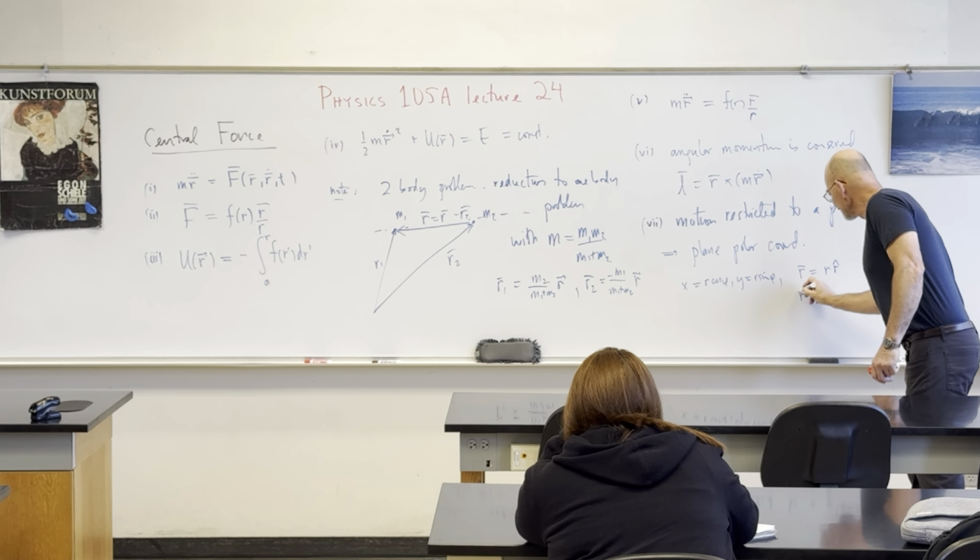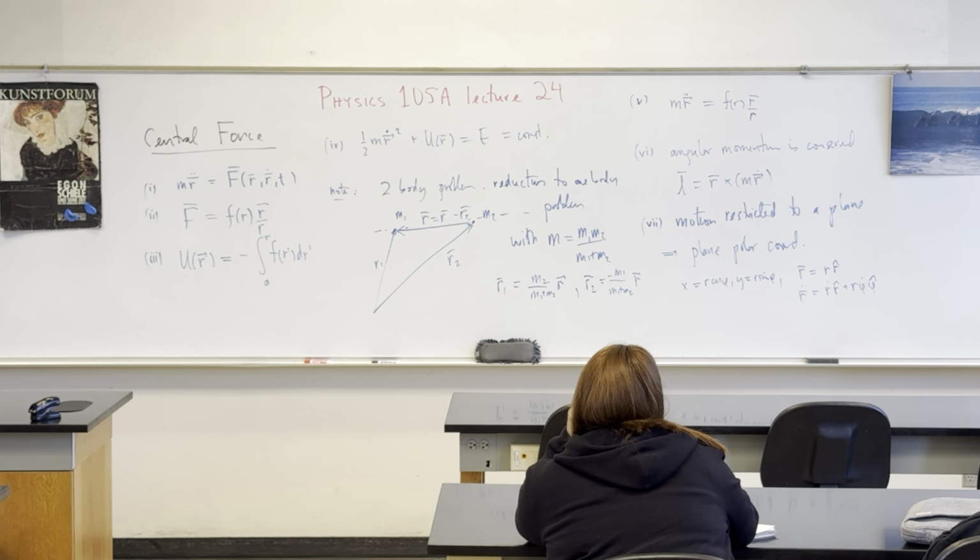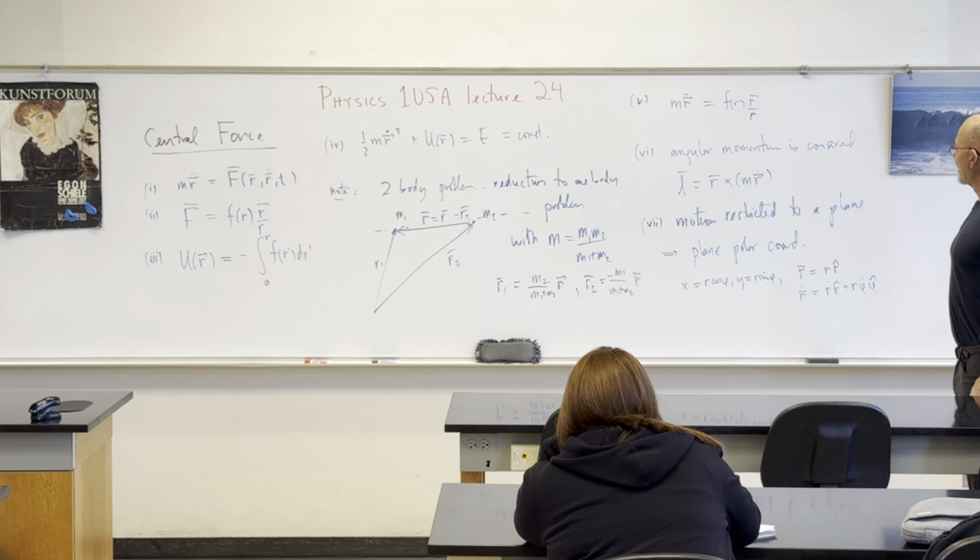R dot can be r dot r hat plus r phi dot phi hat. And that was actually enough to evaluate this thing in plane polar coordinates as well. So yeah, we have all that in our notes, and anytime you go back and review it, you'll just see it making more sense. The logic here is really nice.